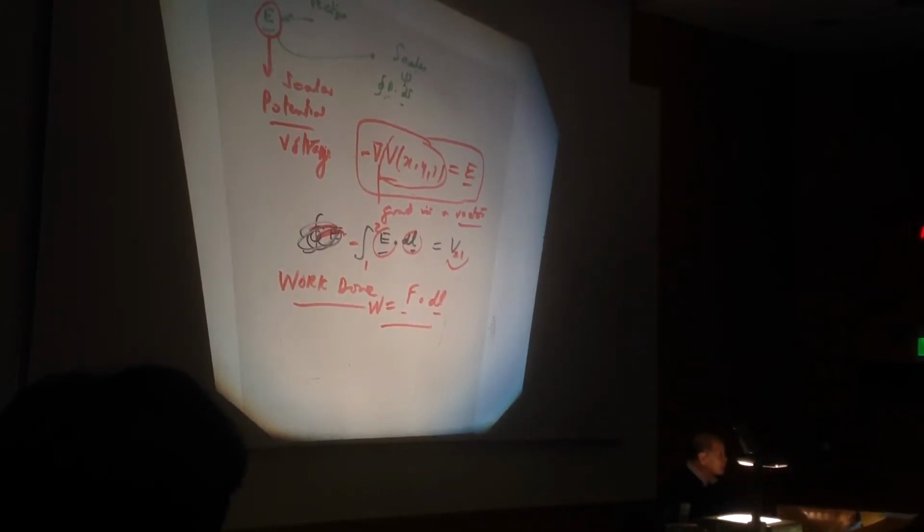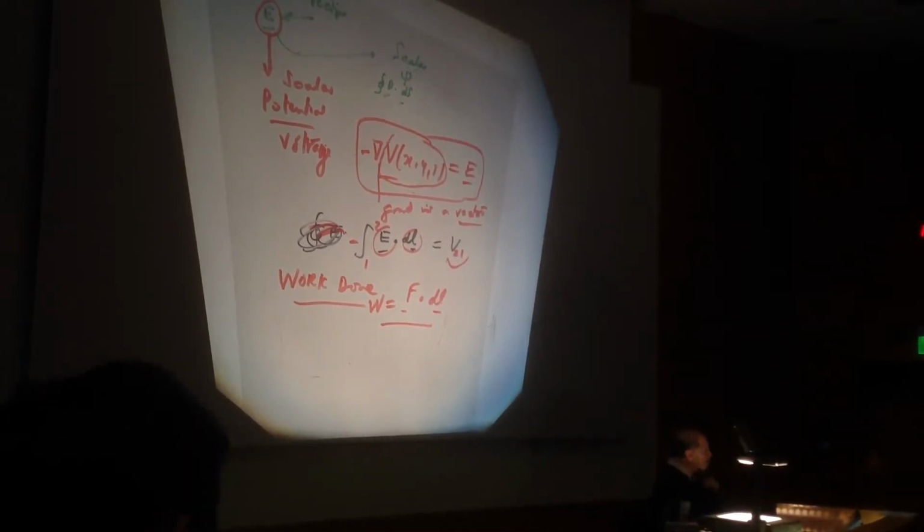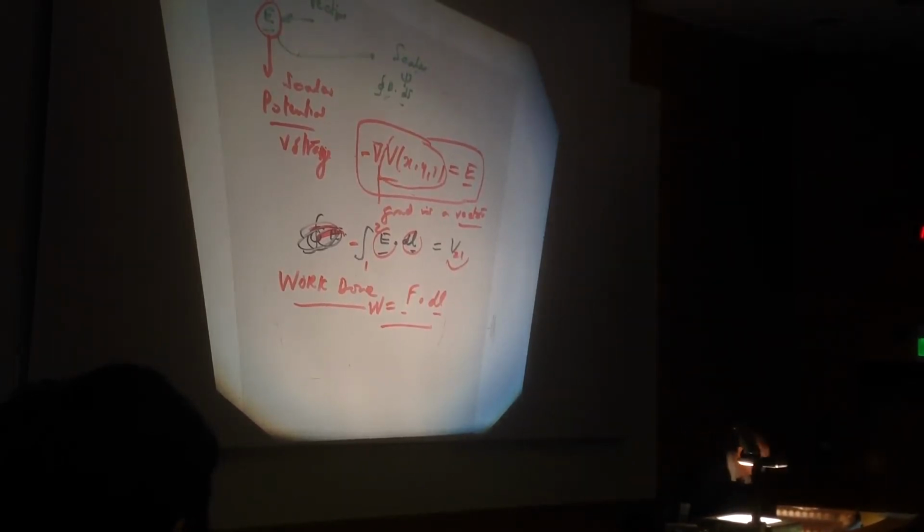You know that already. So if I walk down again, I lose potential energy. So I go from bottom to top and come back to the same point, zero change. Zero work done.